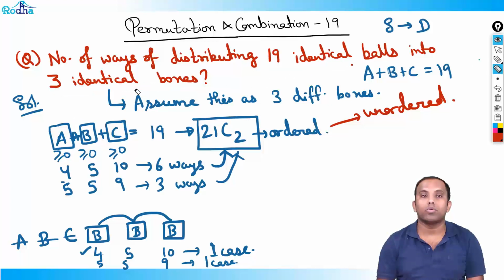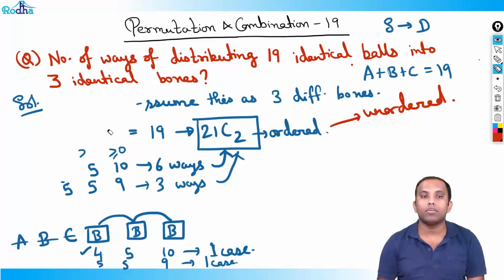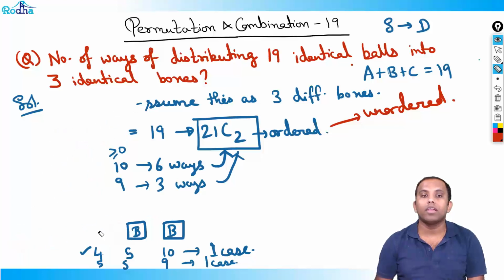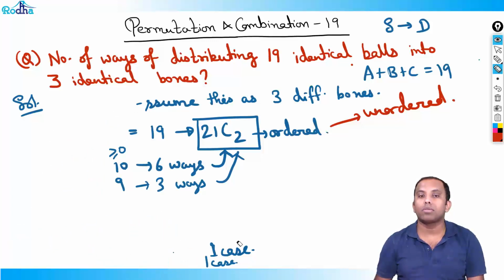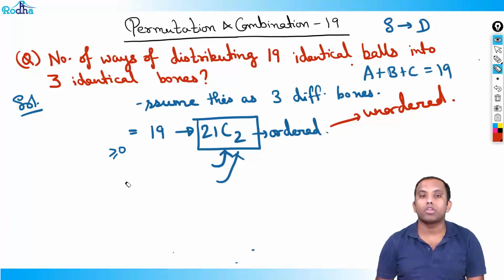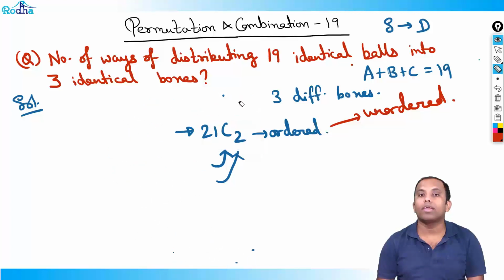If you got this concept right, now we can solve this question. Let me write a few things, and you can write a note: in distribution of similar to similar things, we can find the unordered solution.